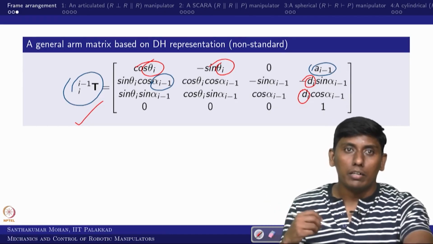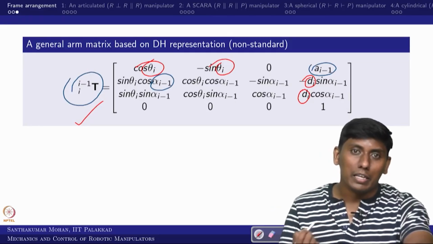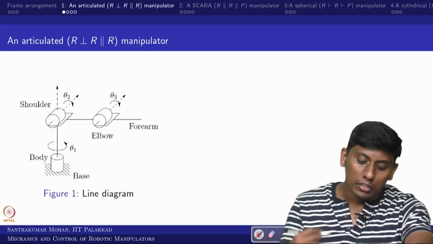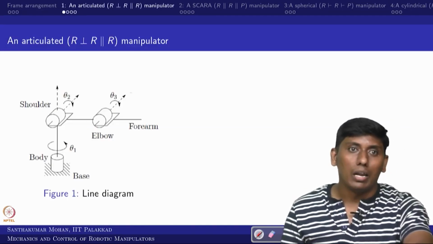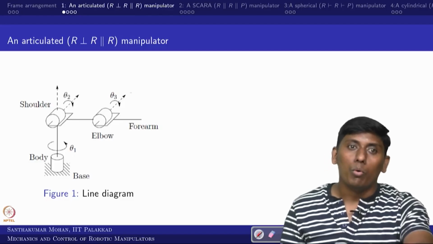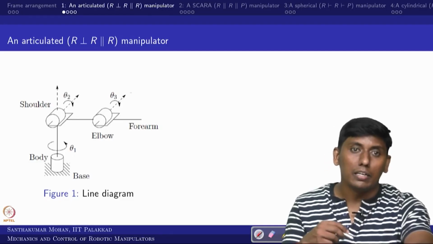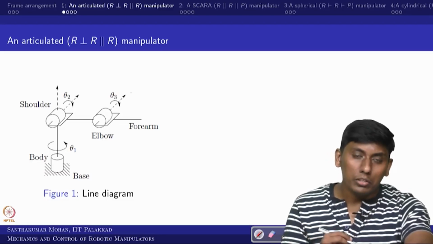For that, we will take an example, substitute, and see how it goes. One classical example is the articulated manipulator. Articulated means it articulates, and it has all rotary joints. How are the rotary joints assigned?